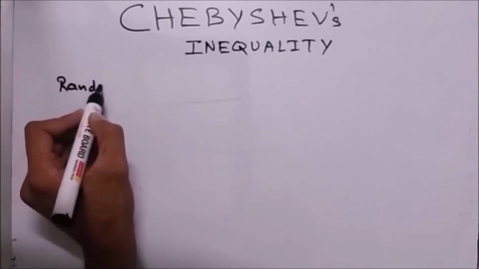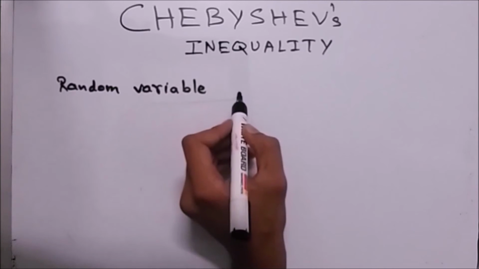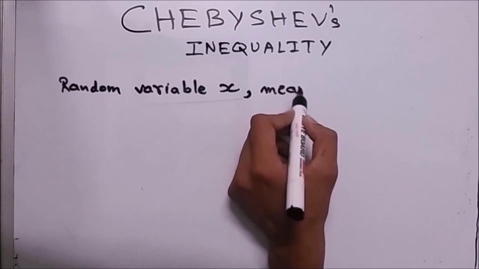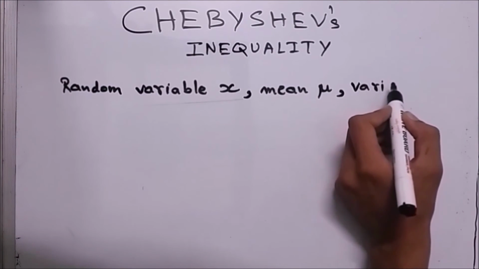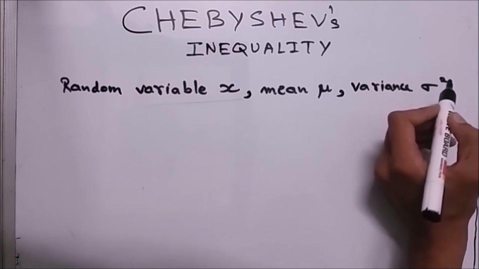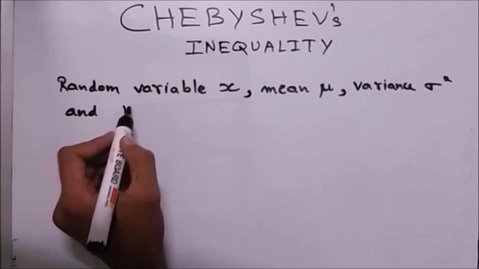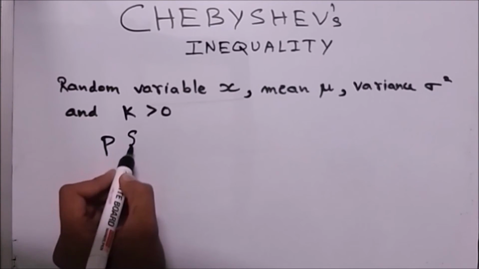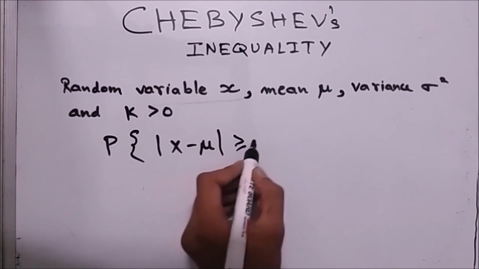Now let's study another important contribution from Chebyshev called Chebyshev's inequality, which states that for a random variable x with mean, let's say, mu, and variance, let's say, sigma square, and for a variable k which is more than 0, we have the probability of mod x minus mu being more than or equal to k.